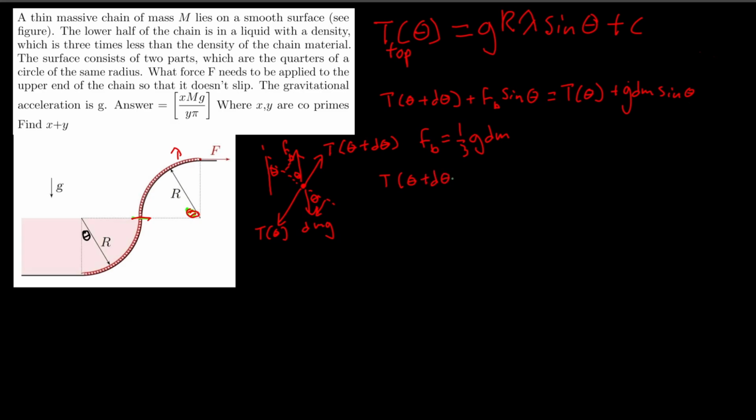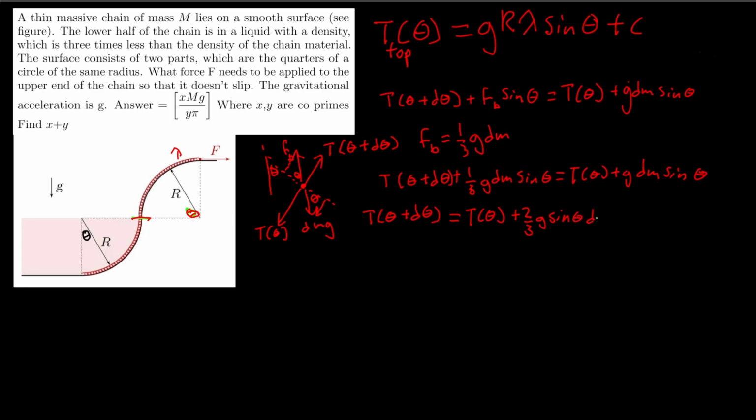T of theta plus d theta plus 1/3 g dm sine theta is equal to T of theta plus g dm sine of theta. Subtracting g dm sine of theta from both sides, we get T of theta plus d theta plus 2/3 g sine of theta dm.